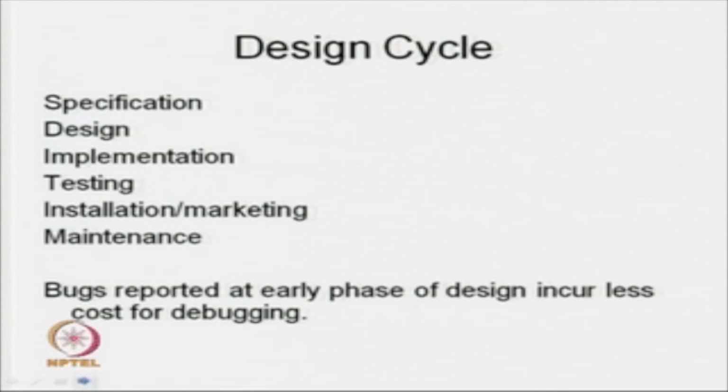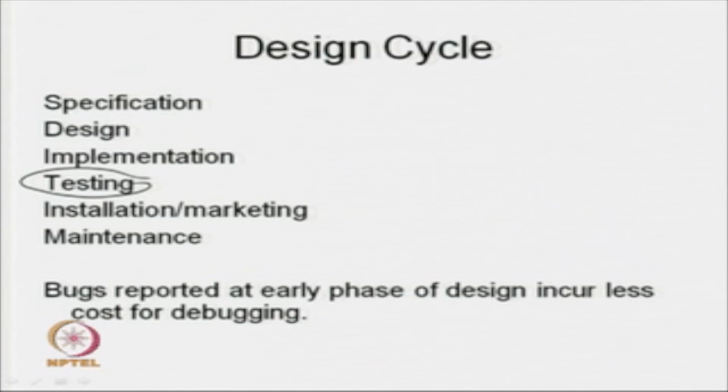Here we have one issue: whenever we design a circuit or a system, it may not be correct in the very first go. So, bugs reported at the early phase of design incur less cost for debugging. When we come to the testing phase, how do we test?